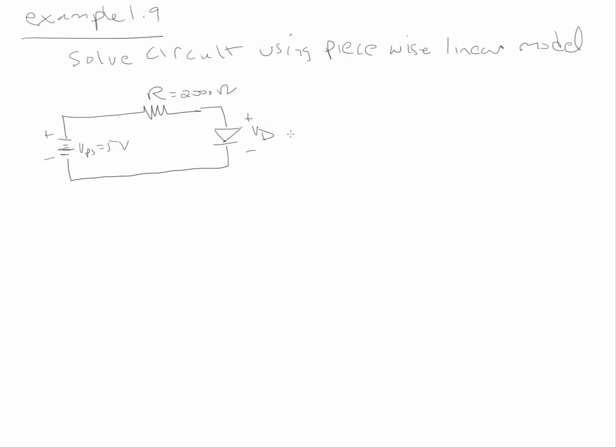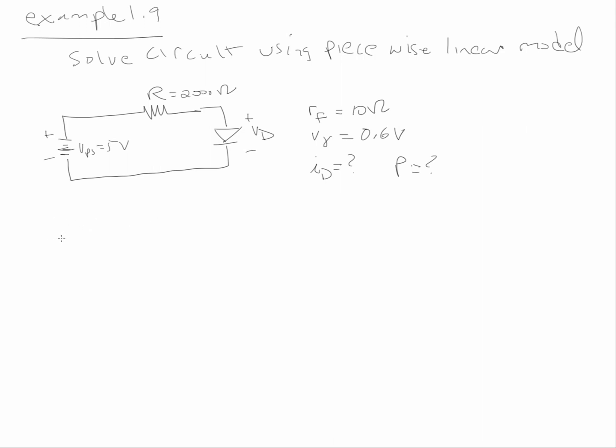And we are told that RF, the forward diode resistance, is equal to 10 ohms, and that the turn on or cut in voltage is equal to 0.6 volts. What they want you to figure out is what is ID and what is the power of the diode.